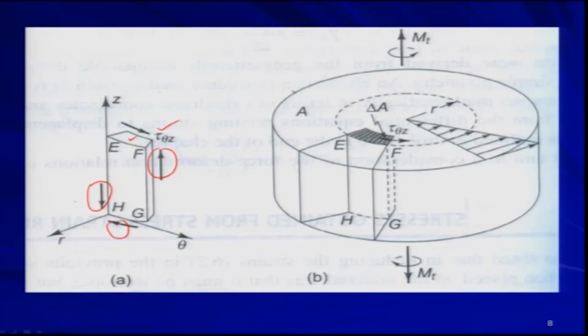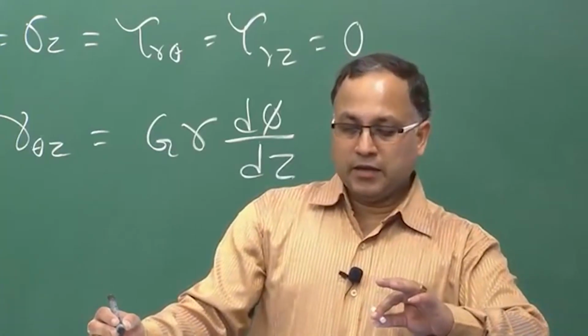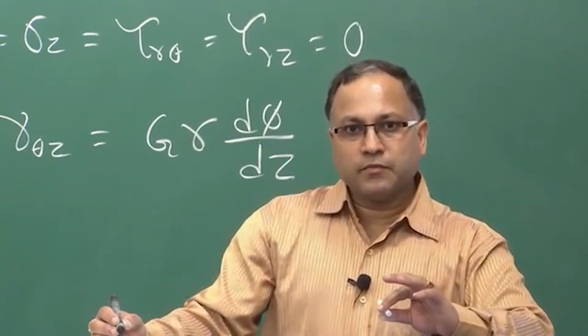Now, the same thing we are showing in this particular segment. This is the variation of tau theta z, minimum at the center and maximum at the periphery. Now, we are considering a small area, say delta A, on the cross section. On that small area delta A, your tau theta z is acting.